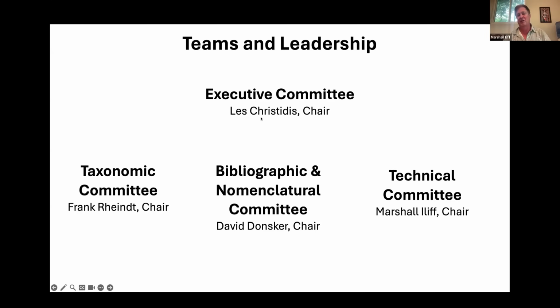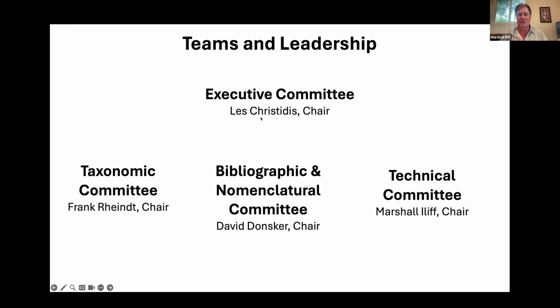And then the bibliographic and nomenclatural committee focuses on the very specific aspect of understanding what name first described a given taxon, how that was published, and the formal ways of defining these names. Basically, this whole process is tying a taxonomic entity to a name that's been published. That's really what an avian checklist is, or any checklist of life.